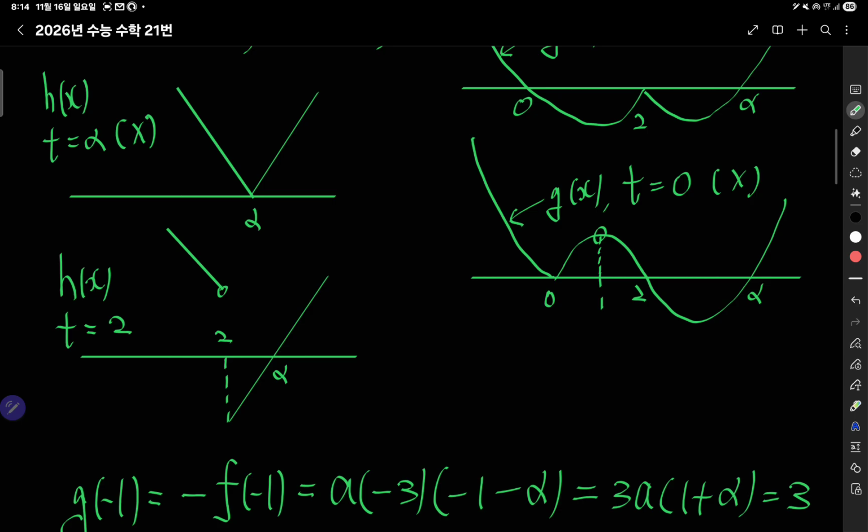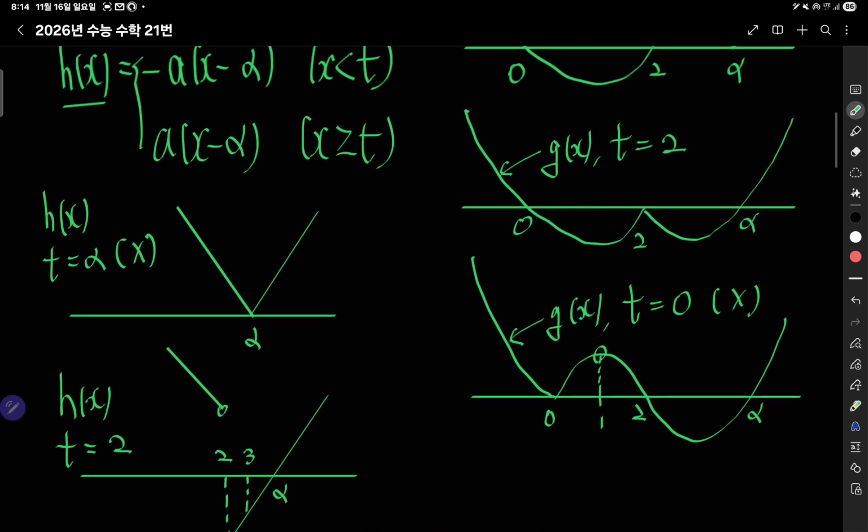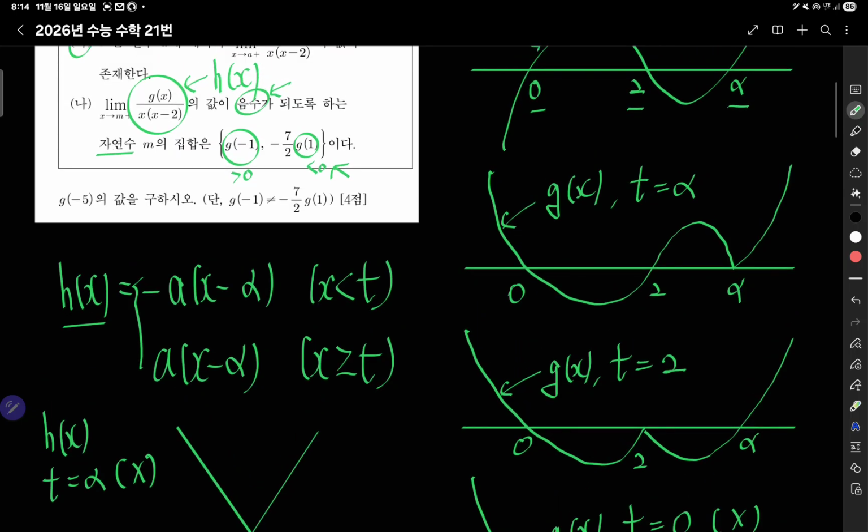One number is 2 and the other number is 3 according to the graph. So that means these two values are 2 and 3, but we don't know which one is 2 and which one is 3.